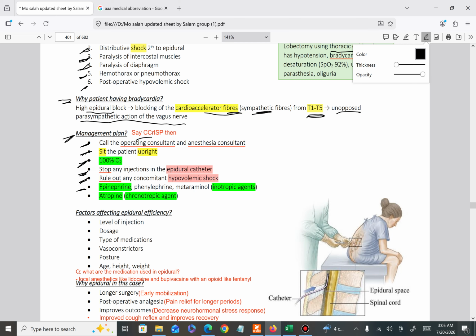Epinephrine, phenylephrine, metaraminol, which are inotropic agents, should be given, and atropine, which is a chronotropic agent, should be started.